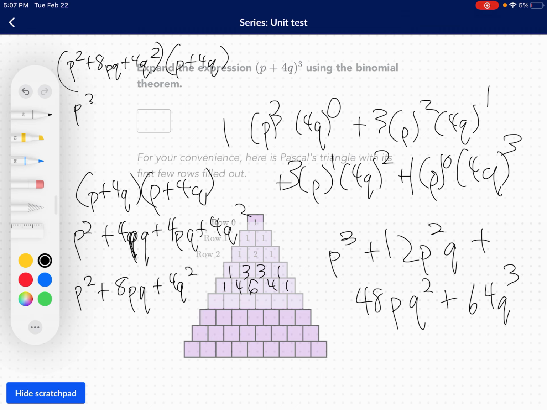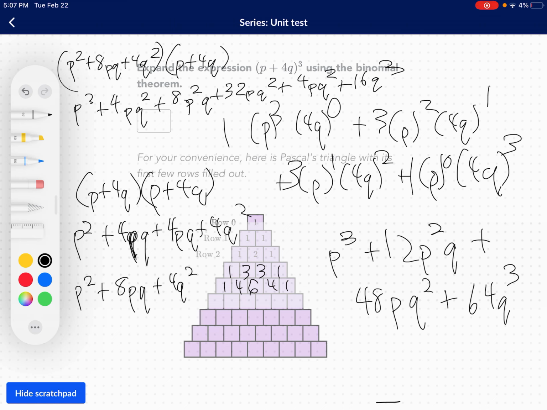P squared times P is P to the third, plus 4P squared Q, plus 8P squared Q, plus 32PQ squared, plus 4PQ squared, plus 16Q to the third. We simplify all this.